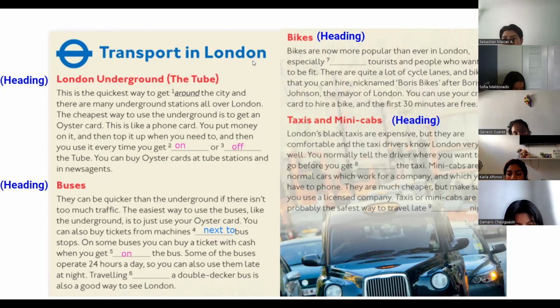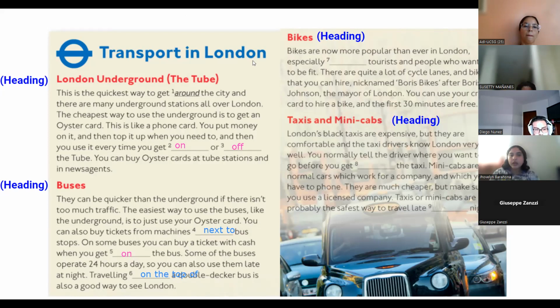Okay. Next. Bikes. Volunteers, 7. With, especially with tourists. Perfect. Next. 8. You normally tell the driver where you want to go before you get.